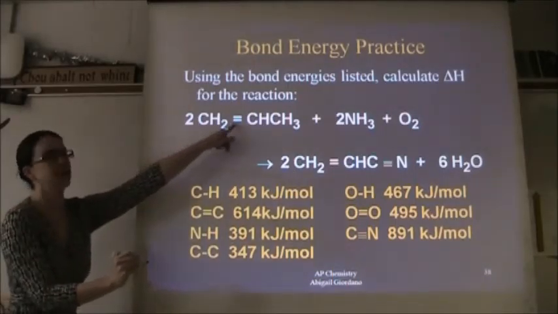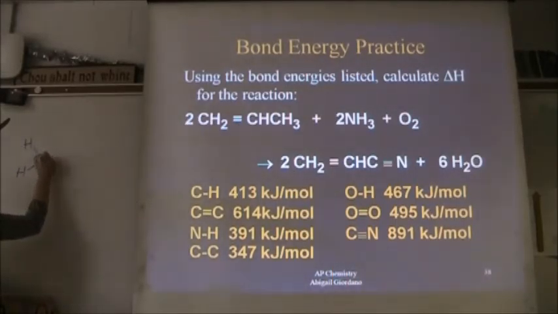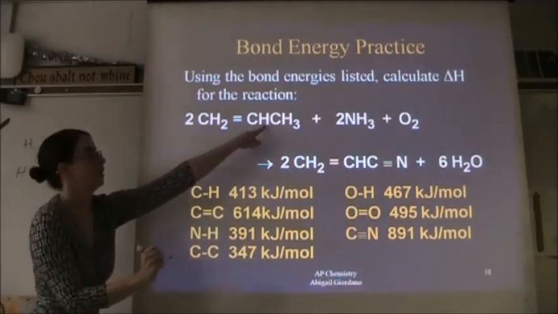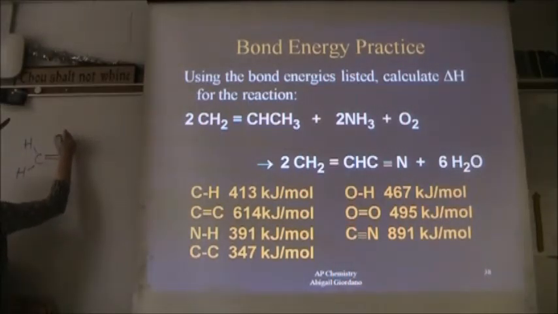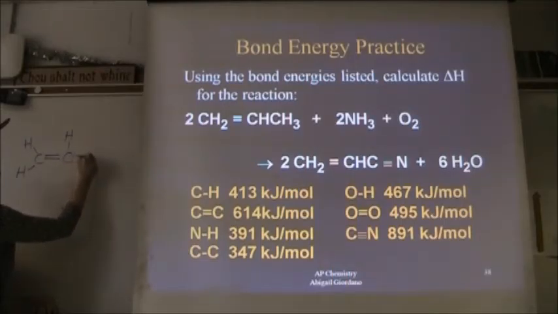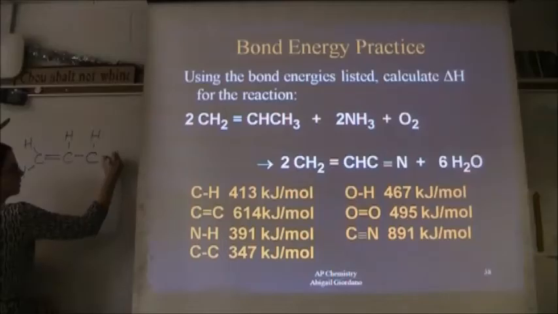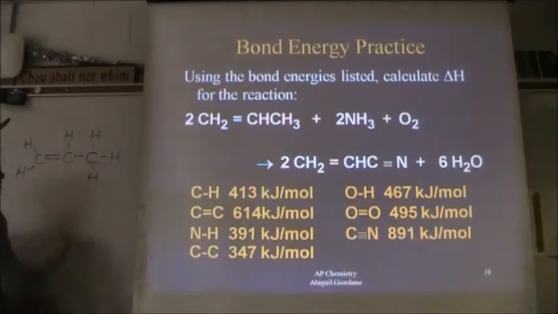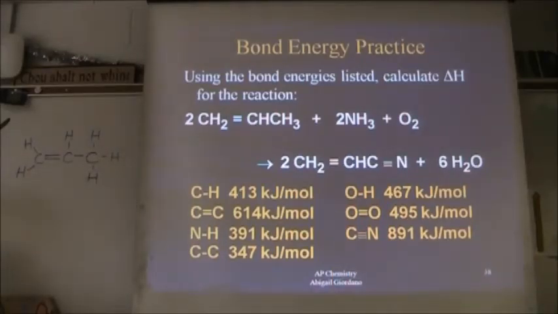That's not an equal sign, that's a double bond. To 1 carbon that has 1 hydrogen joined to it, which is now joined to a final carbon that has 3 hydrogens attached. That's what that guy looks like.